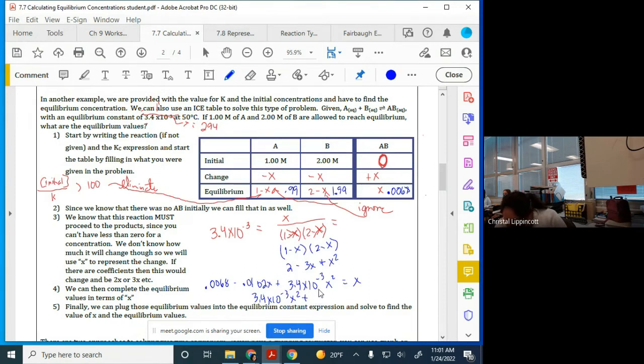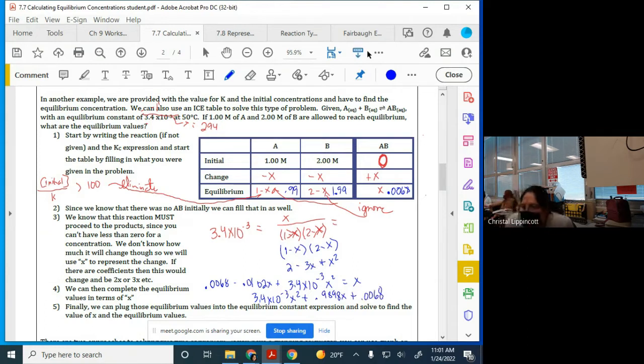I was just making sure I don't write down stuff I don't need to. So minus 1, so this is going to be a positive, sorry, positive 0.9898x and then plus 0.0068.